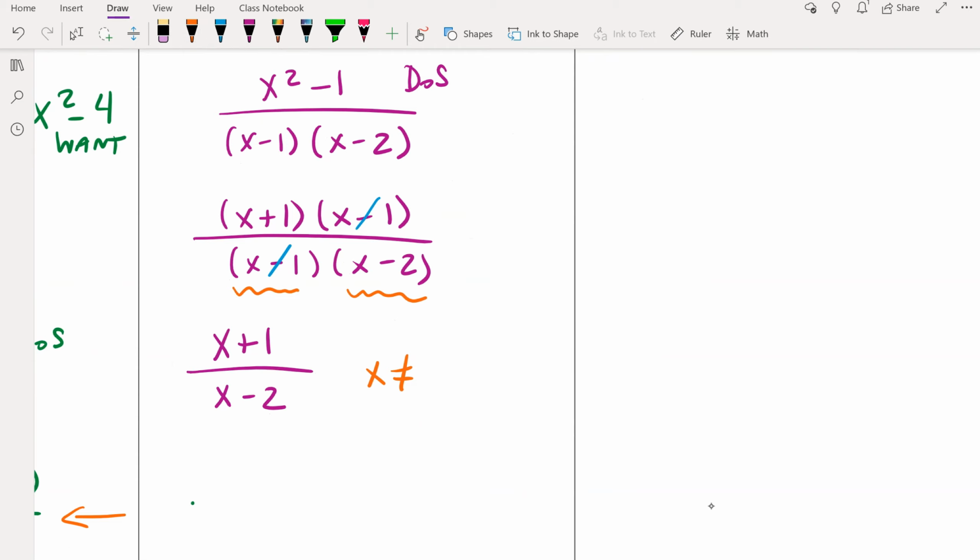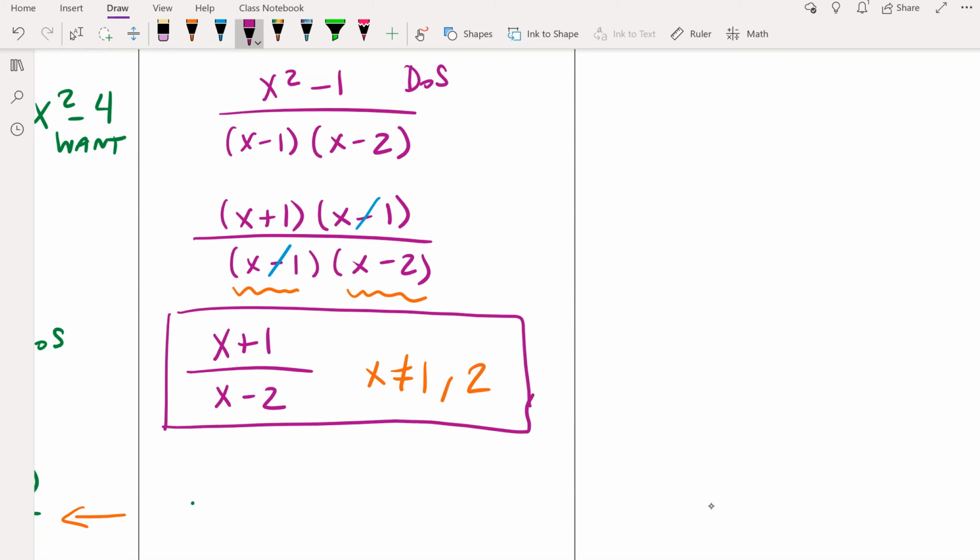So x is actually not allowed to equal 1 because that would make my whole denominator turn into 0, which is not allowed in math. We cannot have 0 in the denominator. Also, x is not allowed to equal, what is x equal for this factor? 2, right? So x is not allowed to equal 2. And then we are done. That is our final answer. Our simplified fraction with our excluded values.